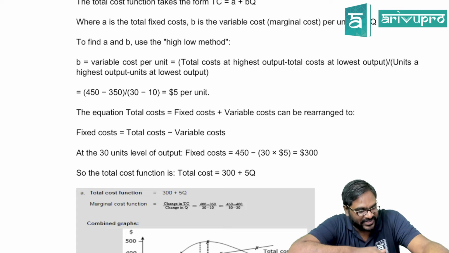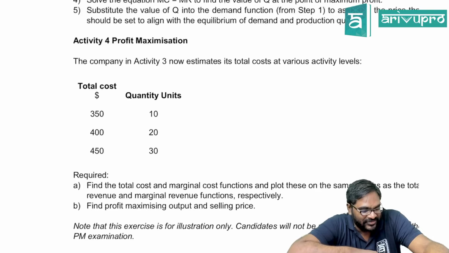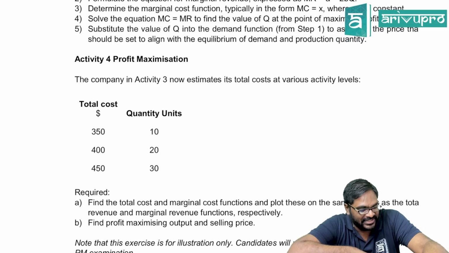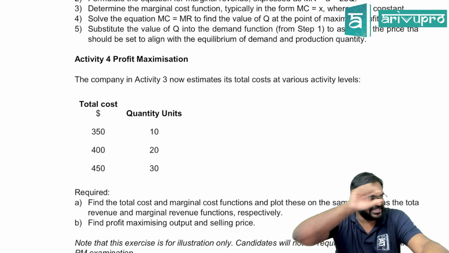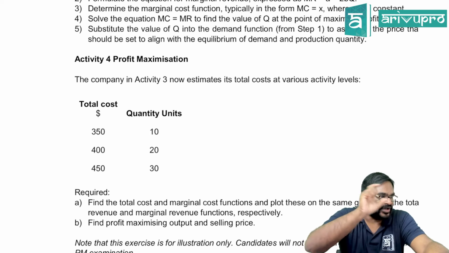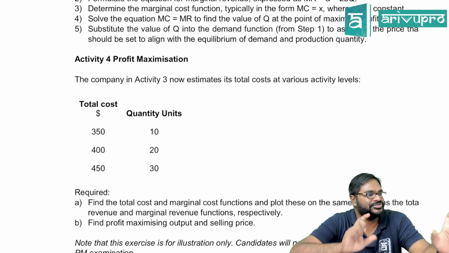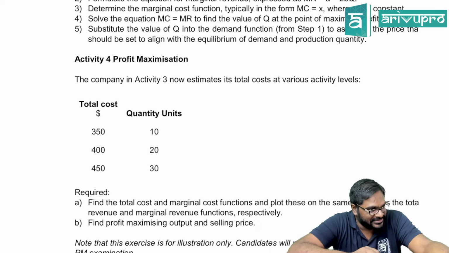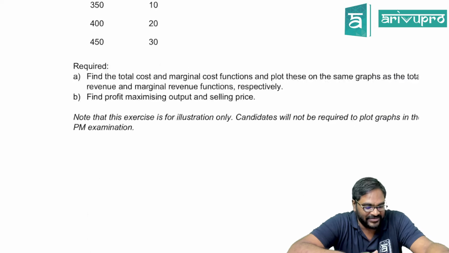If you use 350, then 350 minus 10 into 5. 10 into 5 means 50, so then again 300. Since it's a linear one, it doesn't matter which point you pick; the answer should always be the same. Are we good? Ahmed, are we okay now?